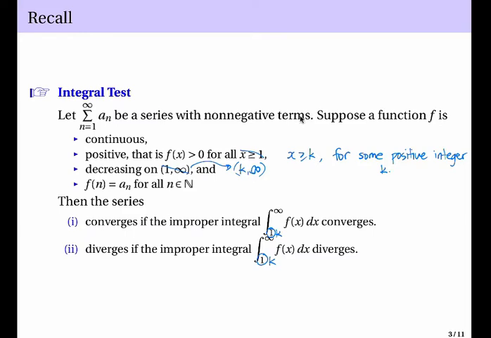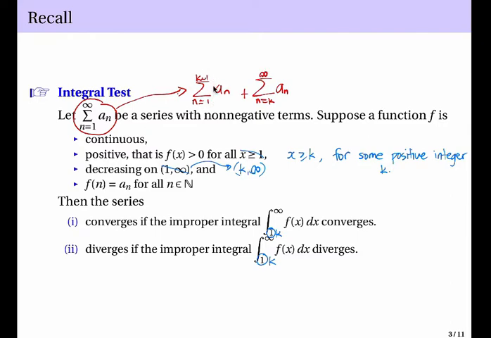The reason we can change this condition is that we can decompose the series into the sum of a sub n from 1 up to k minus 1, plus the sum of a sub n from k to plus infinity.